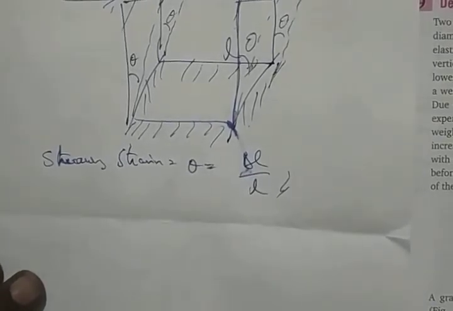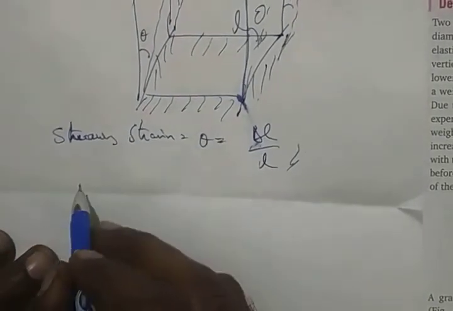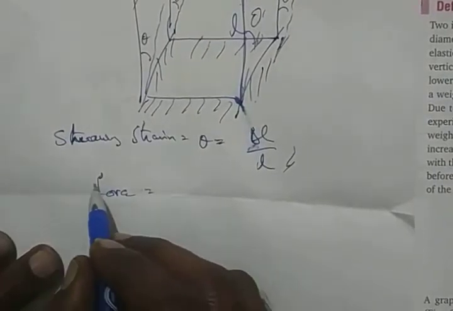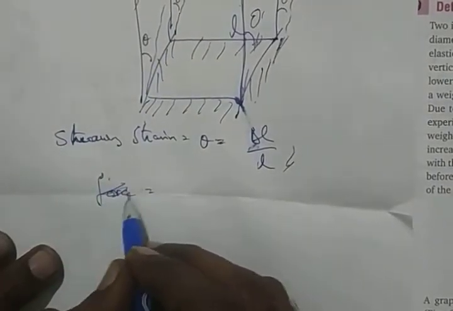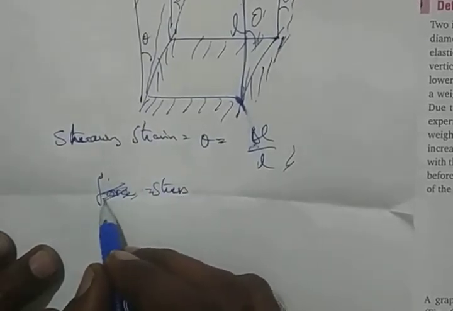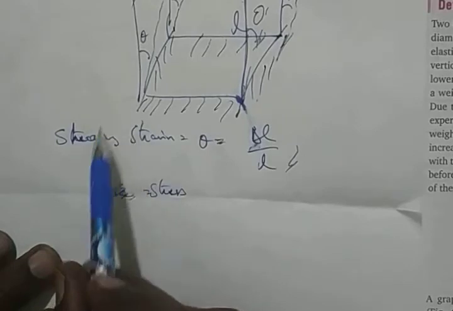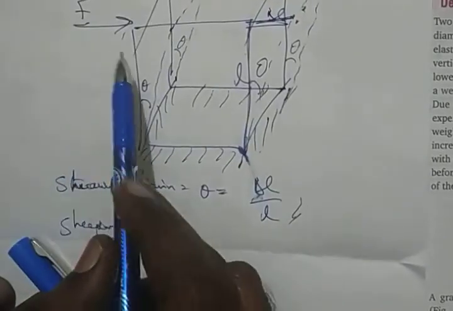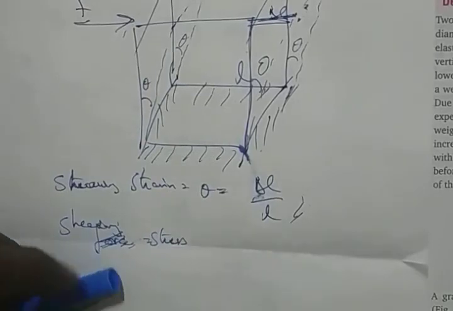And the next one is you are giving an external force. The stress due to the force given is called the shearing stress. What is shearing stress? Only in the tangential direction you are getting the stress here.